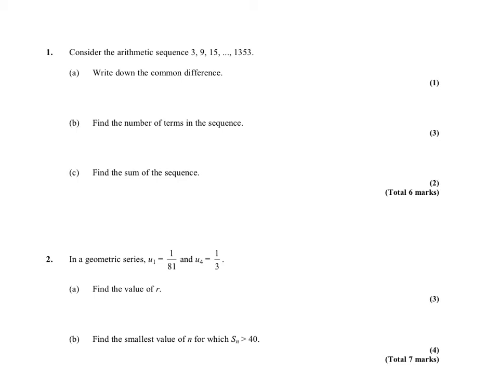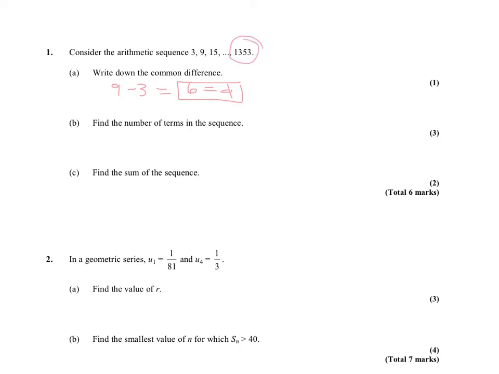Okay, so let's go ahead and look at some examples. So it gives us an arithmetic sequence and it asks us to find the common difference. So we might say, well, 9 minus 3 is 6. So that's our common difference. D is 6. Then it asks us to find the number of terms in the sequence. Okay, now this is a common problem. I've seen this kind of problem a lot.